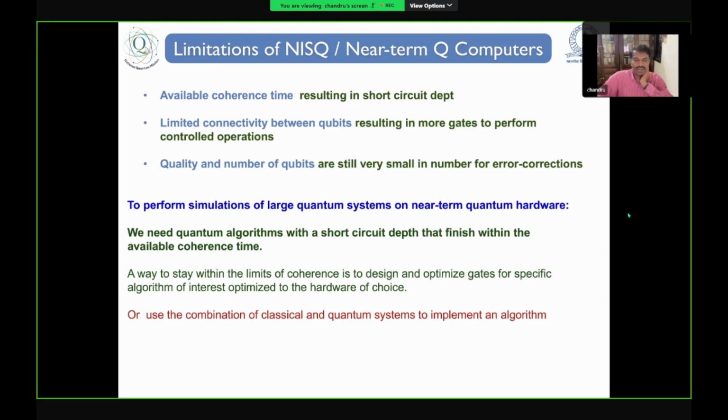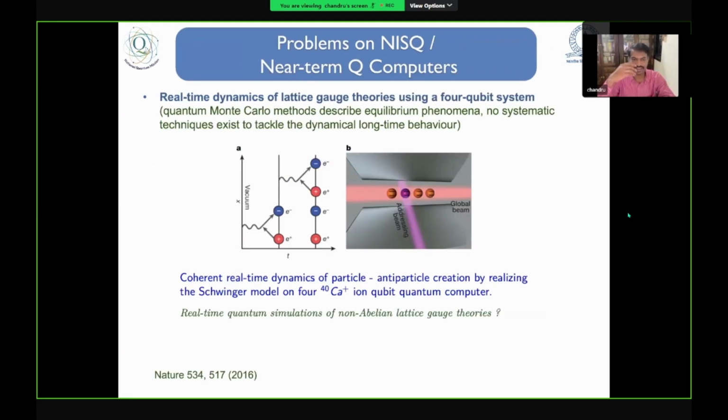So due to current limitations, we all have to work towards developing quantum algorithms with short circuit depth and limited coherence time, and that has been the focus for the research community, in addition to scaling up to a larger number of qubits.